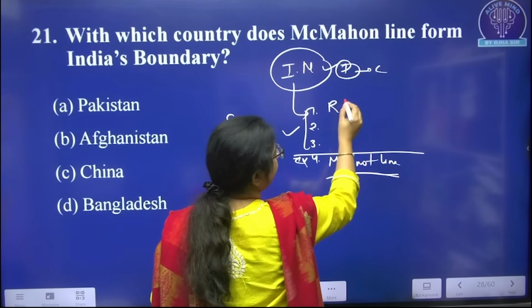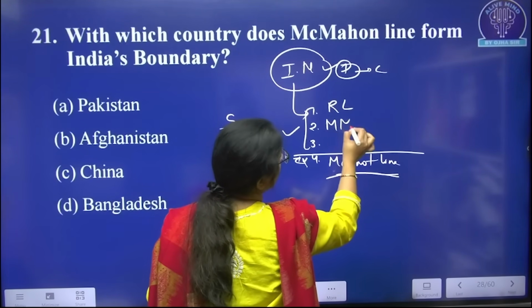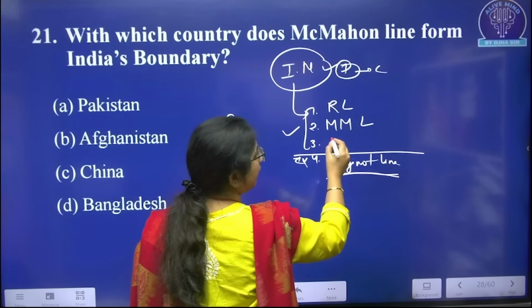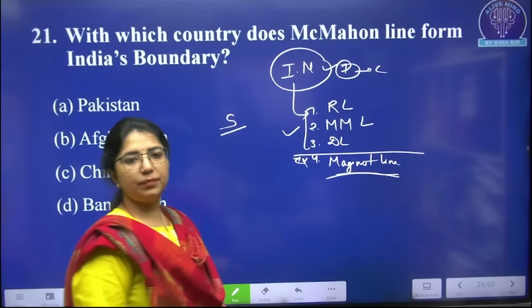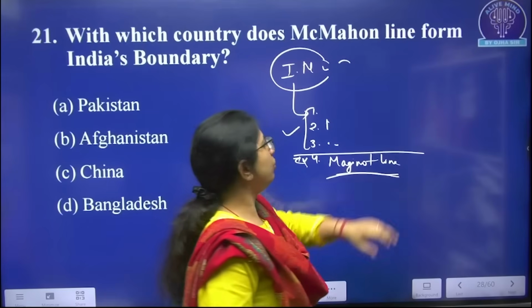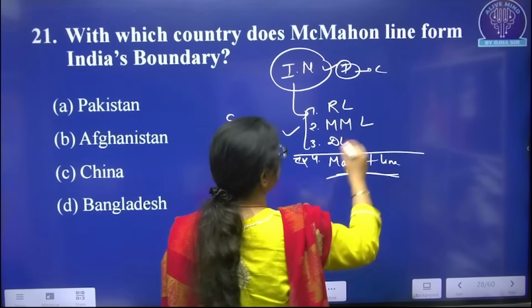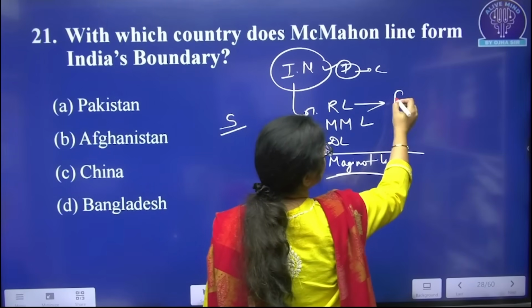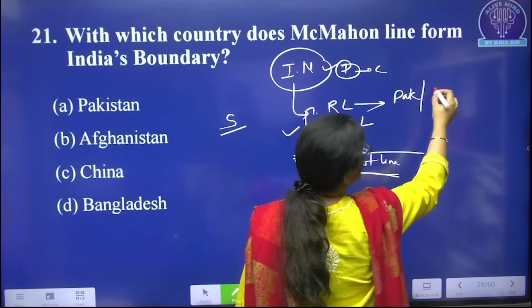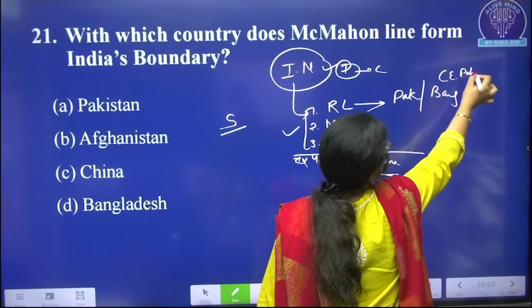This is with respect to India. One is Radcliffe line, one is McMahon line, and the other one is Durand line. They'll ask you Radcliffe line with respect to Pakistan and today what we call Bangladesh, because before it was called Eastern Pakistan.